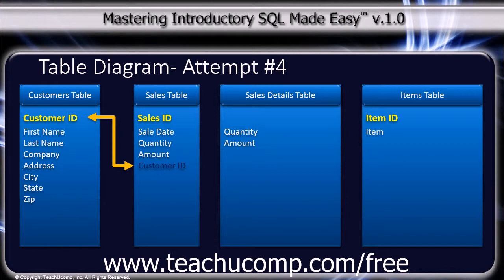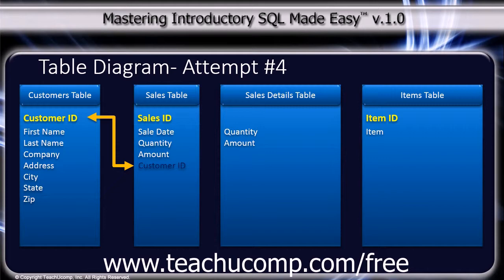In this case, for each item ordered in a transaction shown within the sales details table, it must make a reference to a unique item within the items table. So you will add the foreign key field of item ID into the sales details table as well. Then you can join the tables through their shared or common fields.